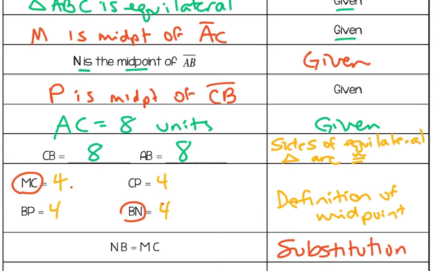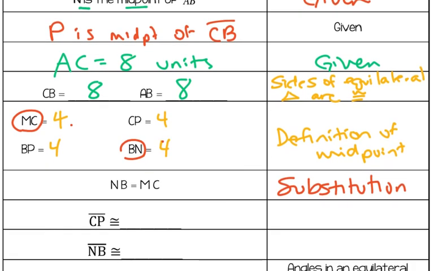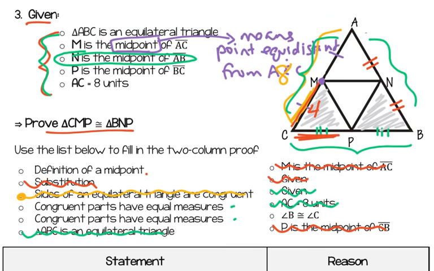We're not going to say congruent parts have equal measures here because we didn't say anything about congruence in any of those statements, so we can't say congruent parts because we haven't talked about congruence. The next statement, we're saying something about congruence. So we're saying CP is congruent to what other piece? If I look at CP, that's this one. It's congruent to a lot of different parts of this picture, but the one that's going to satisfy what I want best is going to be that one.